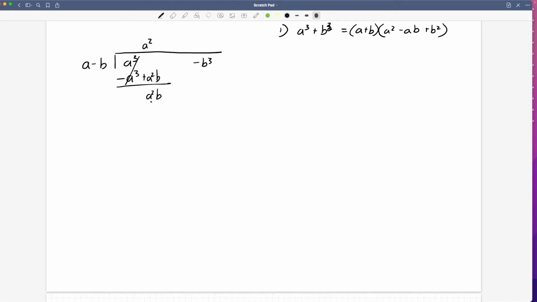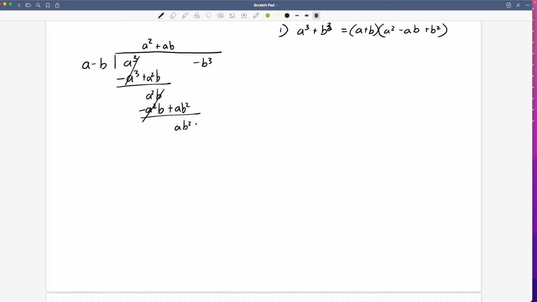A squared b. So this is going to be a positive ab times a. That's going to be a squared b. And then that is going to be minus ab squared. So we change the signs. This cancels, and we have ab squared.